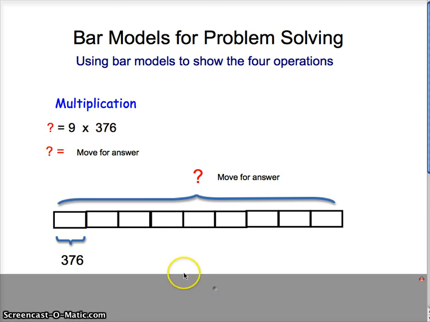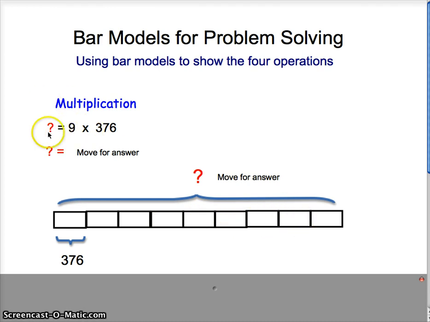So here we have 9 times 376. We have a small portion of this rectangle quartered off and labeled as 376. How many times do you think I have that same size piece in this rectangle?